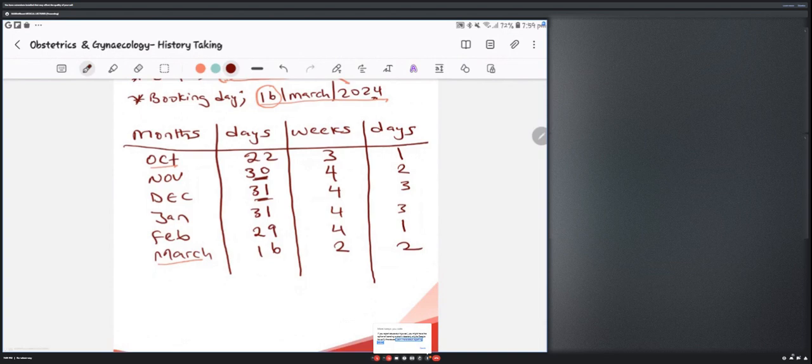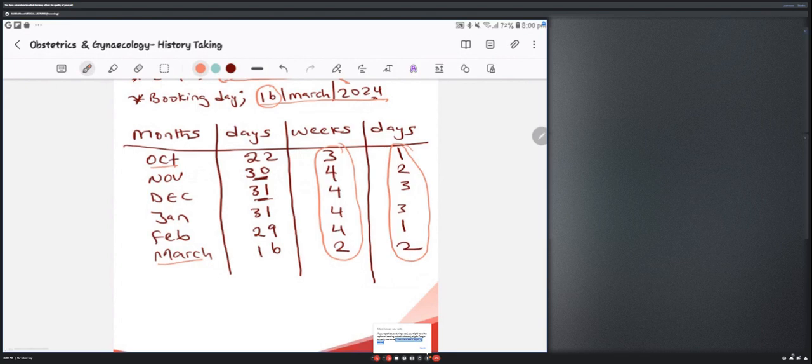So now that you're done with this, all you need to do now is to add this column and then this column. Add them separately. 3 plus 4 is 7, plus 4 is 11, plus 4 is 15, plus 4 is 19, plus 2 is 21.